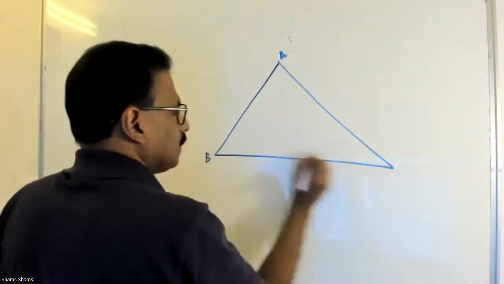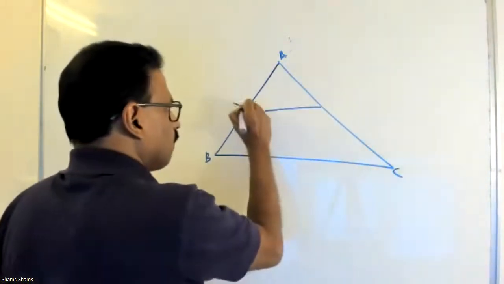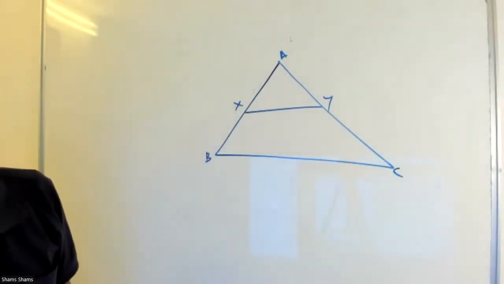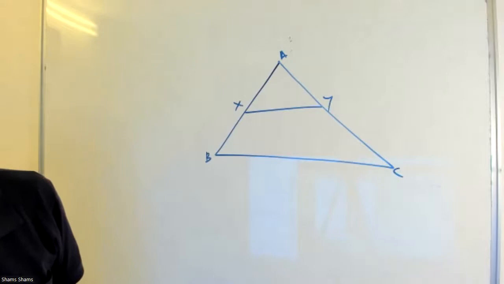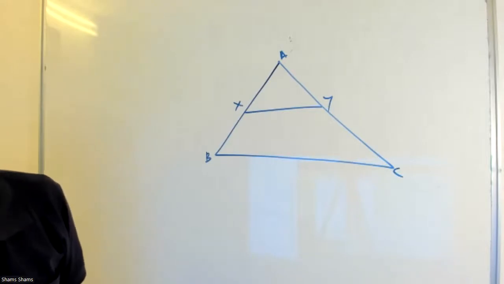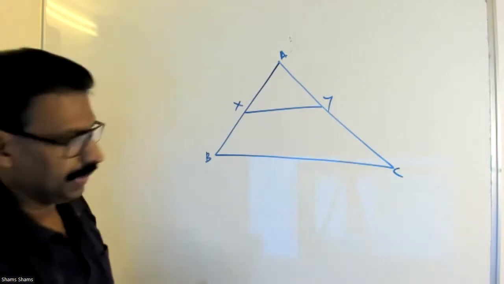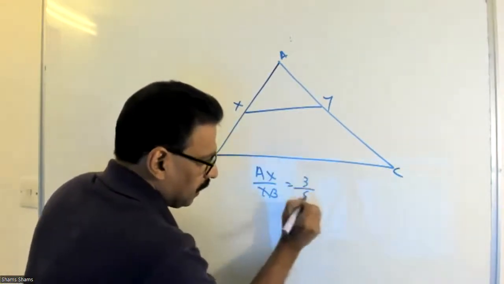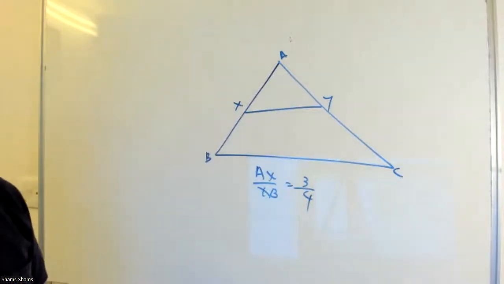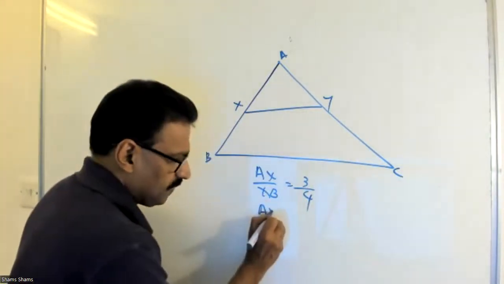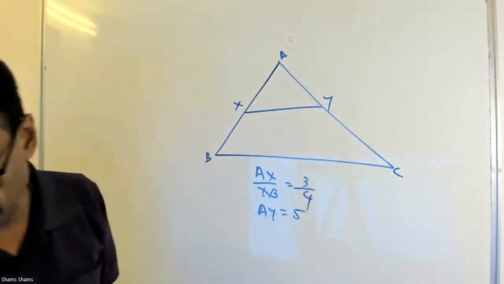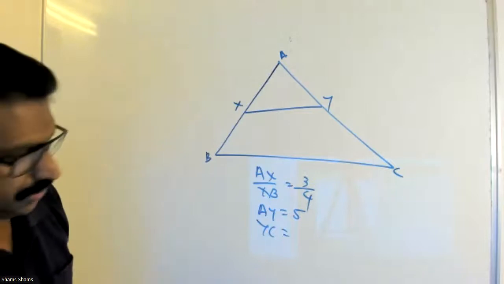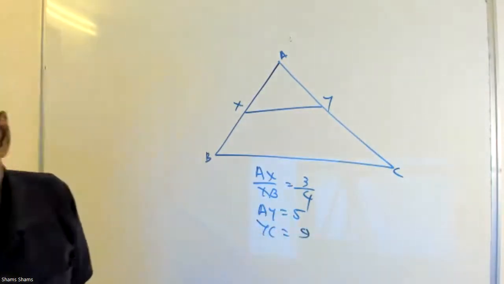XY parallel to BC, then AX by XB equal to 3 by 4. AY equal to 5. YC equal to 9.